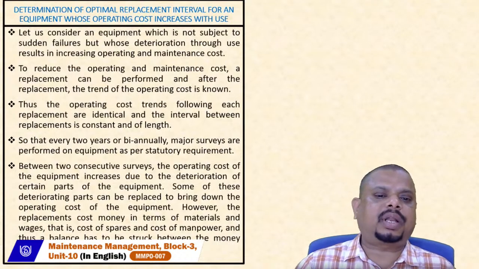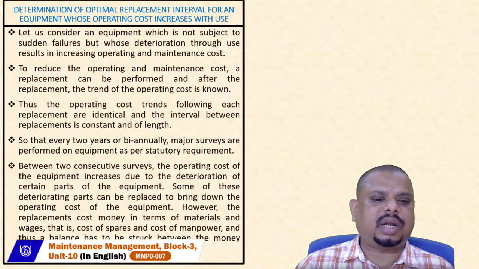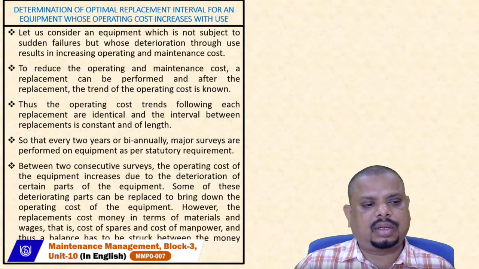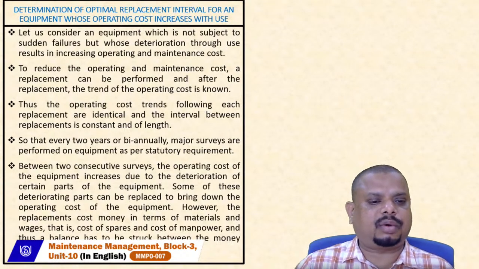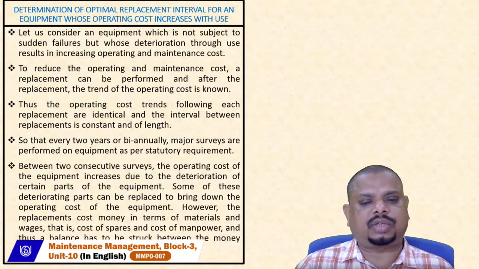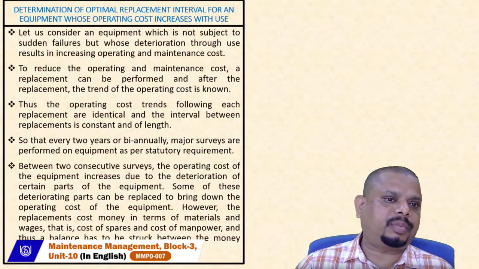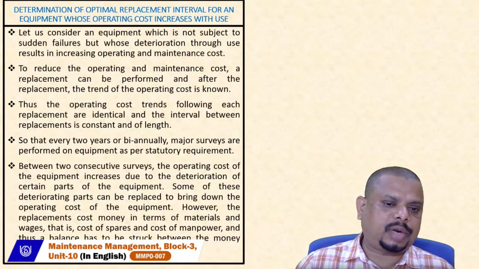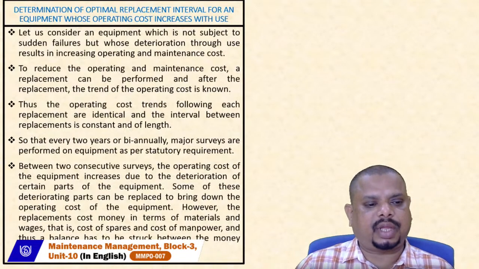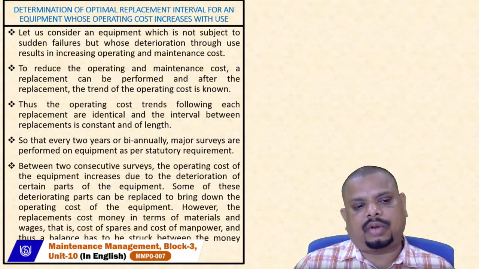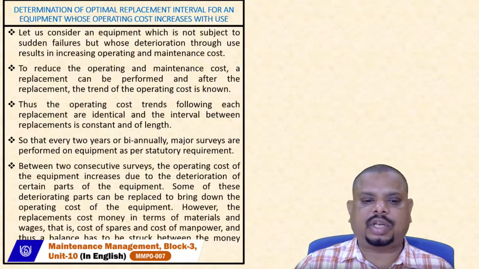The next important part is that you have to focus upon the interval between replacements, which is constant in length. So every 2 years, or annually, major surveys are performed on equipment as per the statutory requirements by the maintenance management department, taking prior approval from the top level of management. It is the duty of the maintenance manager to provide routine surveys performed on various equipment as per the statutory requirements.